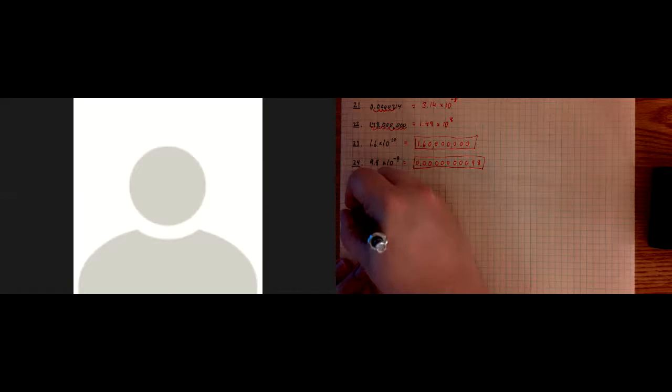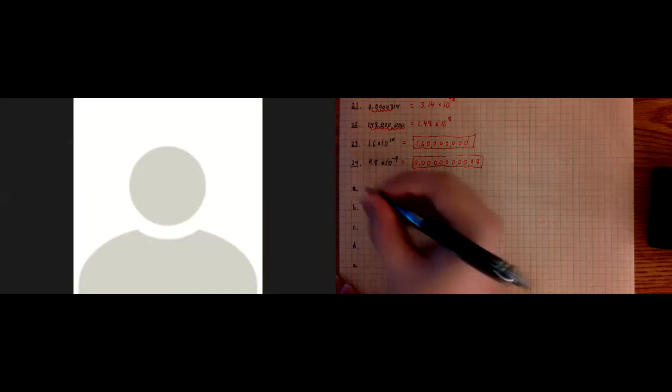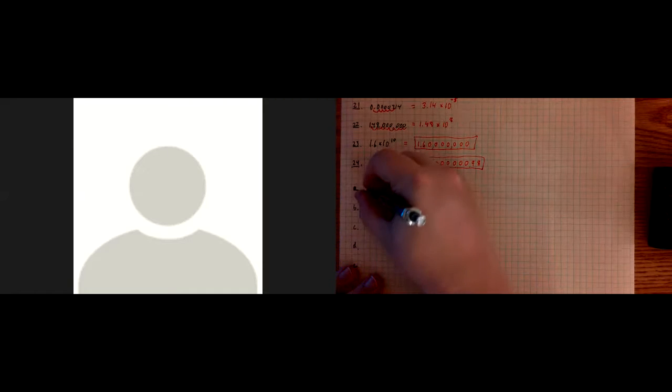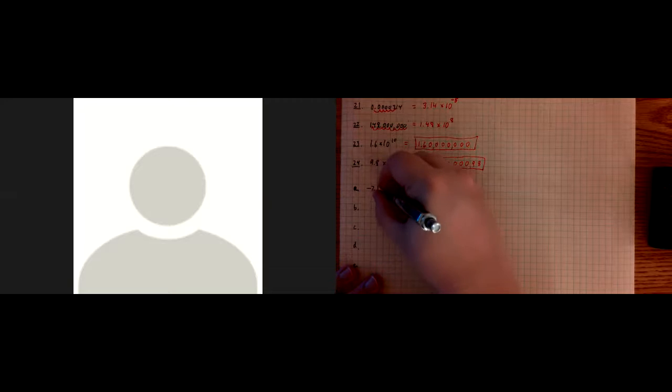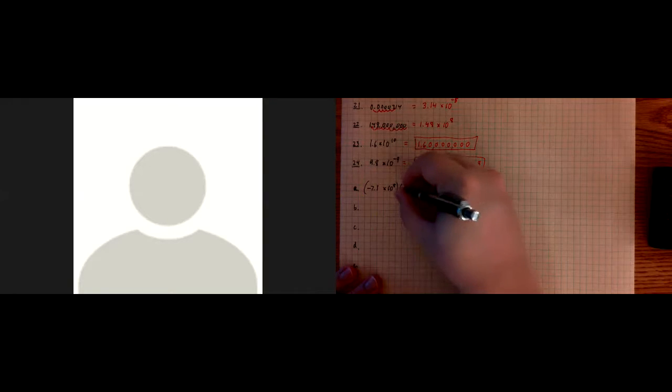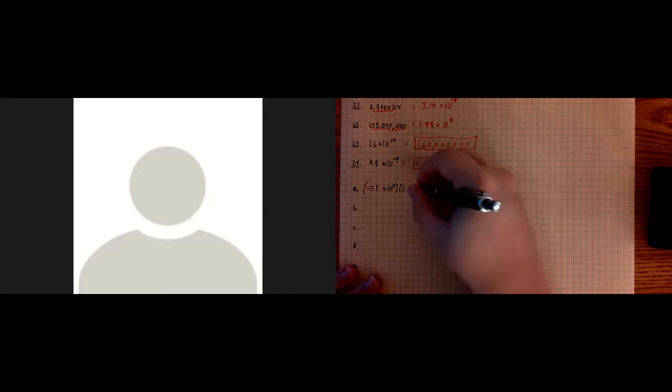Let's look at A, B, C, D, and E. For A, we have negative 7.5 times 10 to the 8th times 1.13 times 10 to the negative second.